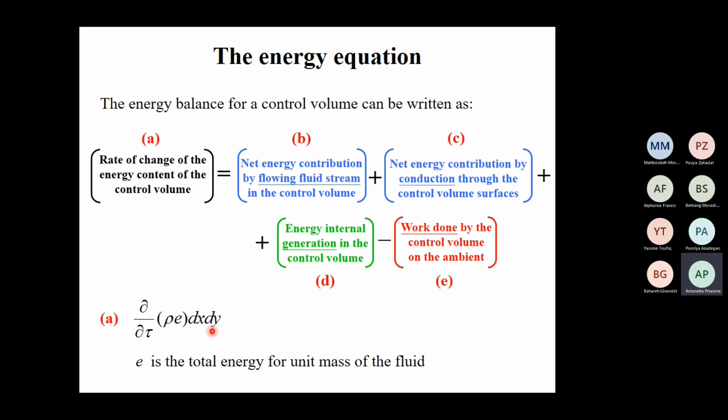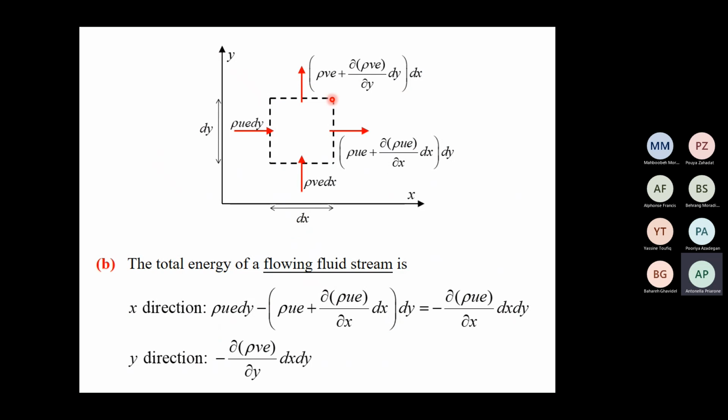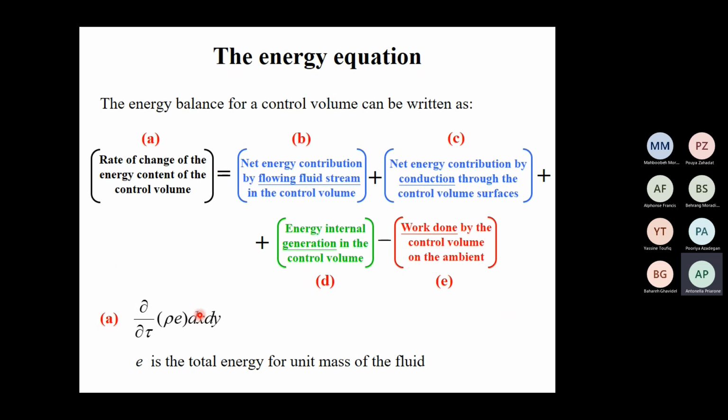So dx dy is again the volume for us, because the system is a small system in a two-dimensional domain, for which the third dimension, normal to the plane xy, is considered equal to 1. So dx dy rho is a mass, multiplied by the energy per unit mass gives the energy. And I take the derivative in time because I want to obtain the energy content change in time of my control volume.